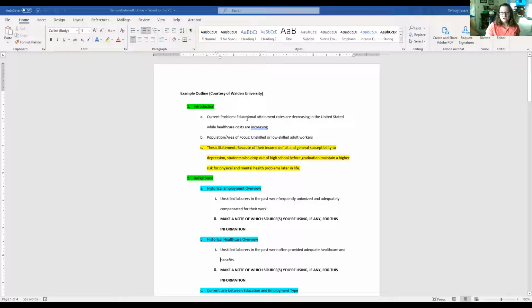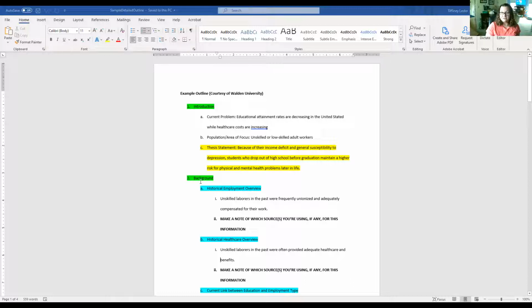All right, so current problem, that educational attainment rates are decreasing in the United States while healthcare costs are increasing. We also know in that introductory paragraph, we want to talk about population and area of focus. We want to make sure our readers know that we're going to be discussing unskilled or low-skilled adult workers. All right, our thesis statement is still the same.